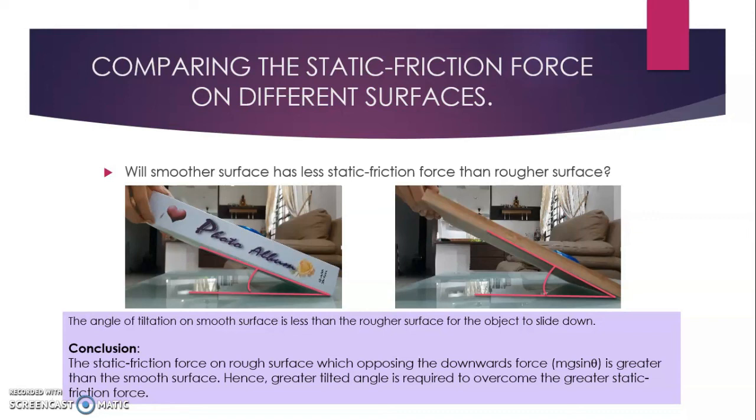That's the reason why we need to tilt more for the object to slide down the rougher surface: it has the greater static friction force that prevents the object from sliding down.